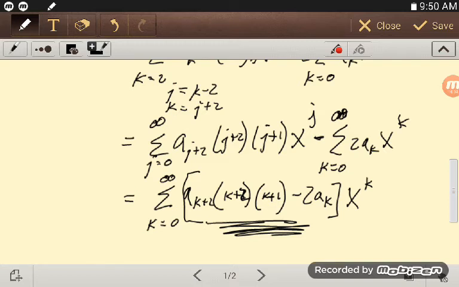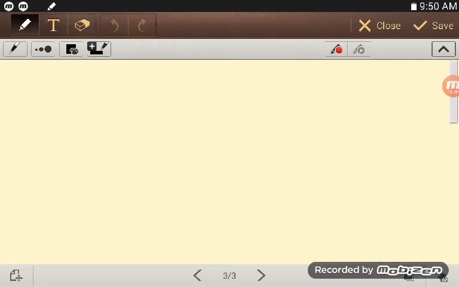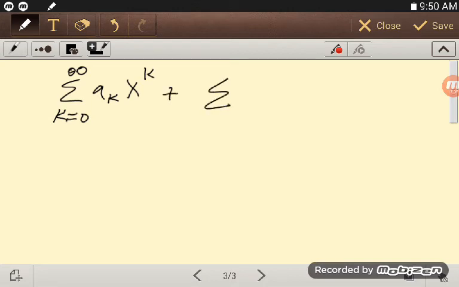Now let's go. We don't have much more room there, so I'll add one more page. Another possibility you could have is that even after you do a substitution, what do you do if you have something like the sum k equals 0 to infinity of a sub k x to the k, and then plus a sum?